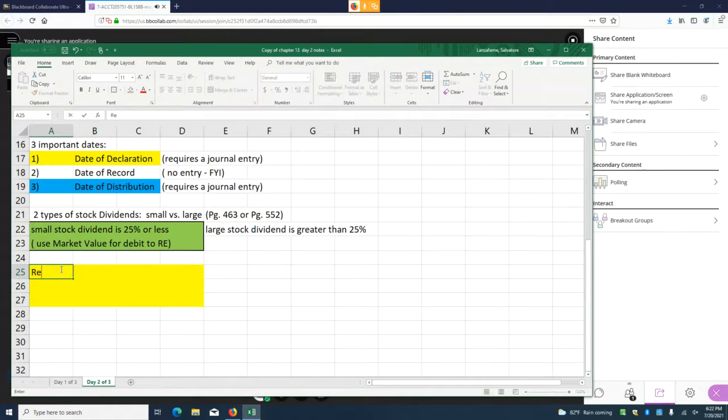So we are going to debit retained earnings. And just for giggles here, I'll say or stock dividends declared. This way I make everybody happy by putting the two possibilities there.